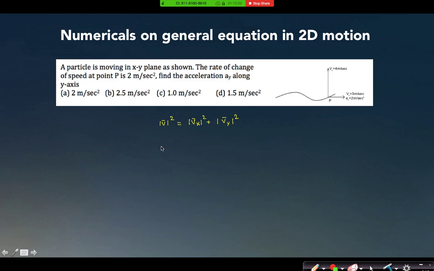So mod v square is twice mod v into d/dt of mod v is equal to twice mod vx into d/dt of vx plus twice mod vy into d/dt of mod vy.